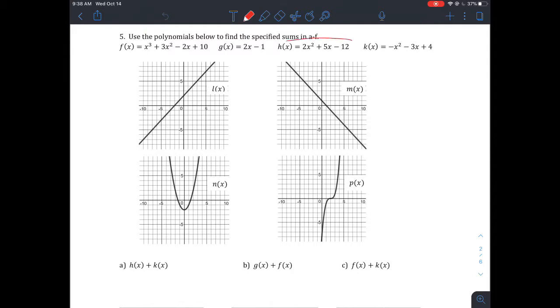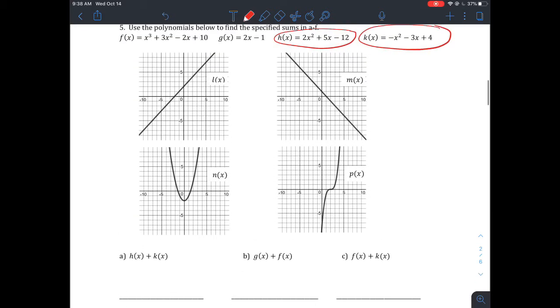So you have h of x and k of x, and they want us to add those two. We've got 2x squared plus 5x minus 12, and then we're adding the polynomial negative x squared minus 3x plus 4.